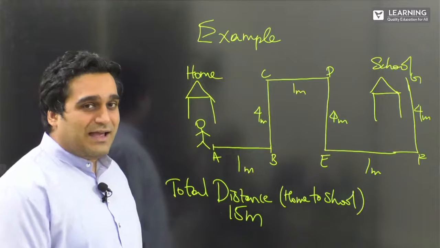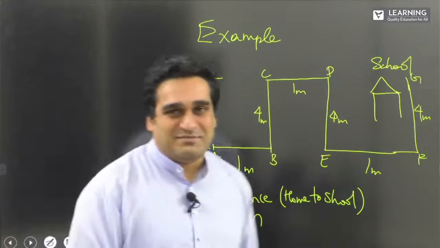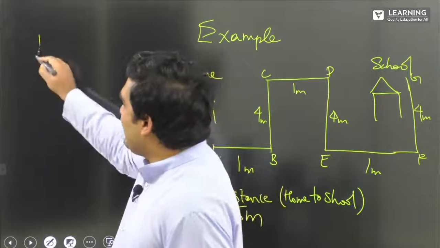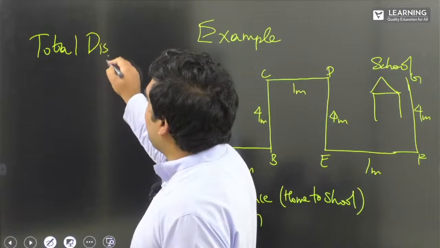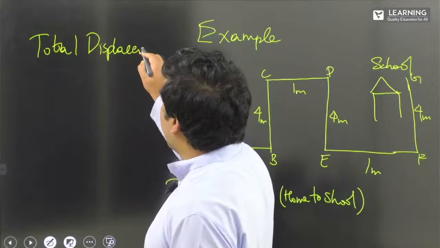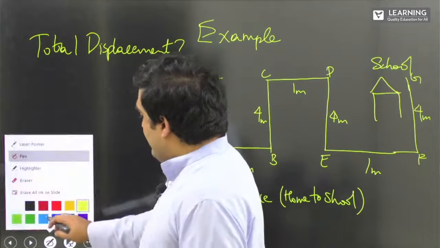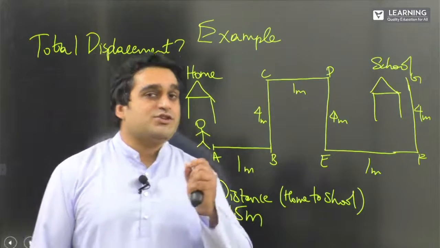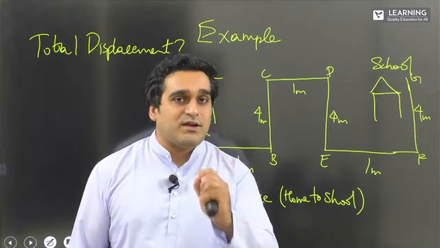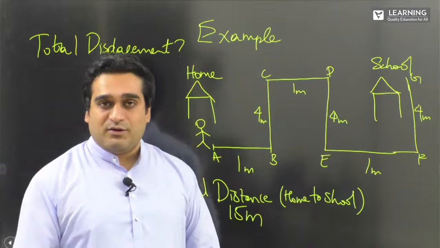Now comes the actual question, which is the total displacement. What will be the total displacement? Remember, based on the definition of displacement, it is the shortest distance between 2 points, the initial point and the final point.